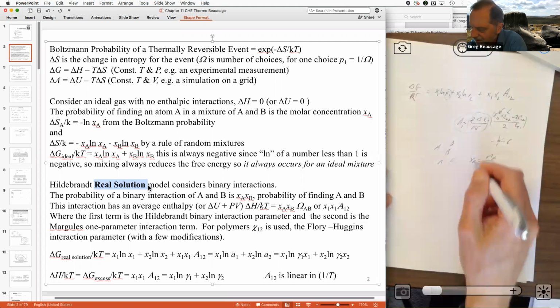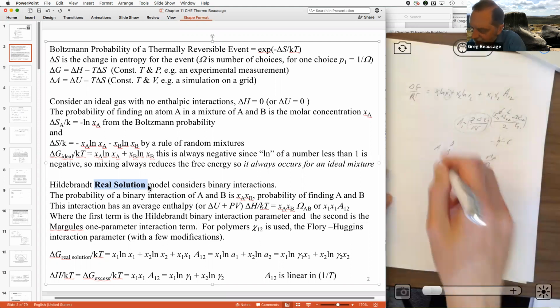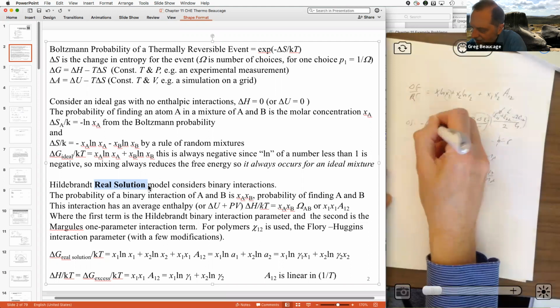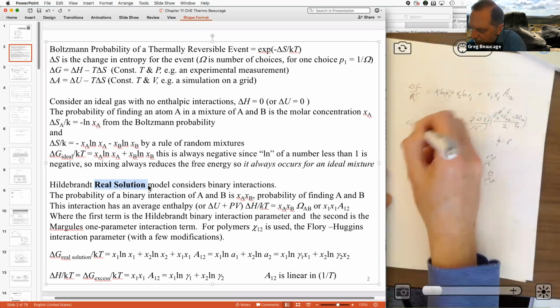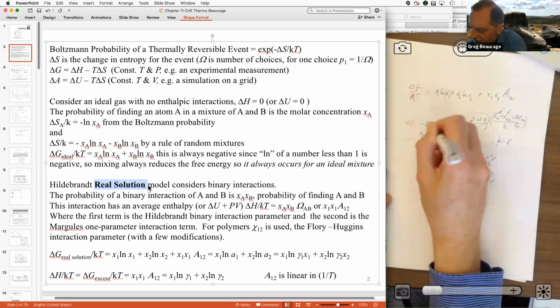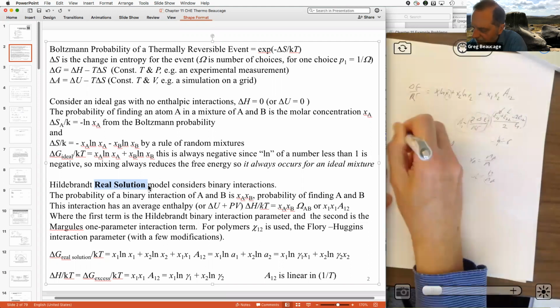So delta S equals negative ln of X, or exponential of delta S over kT equals some probability, XA.